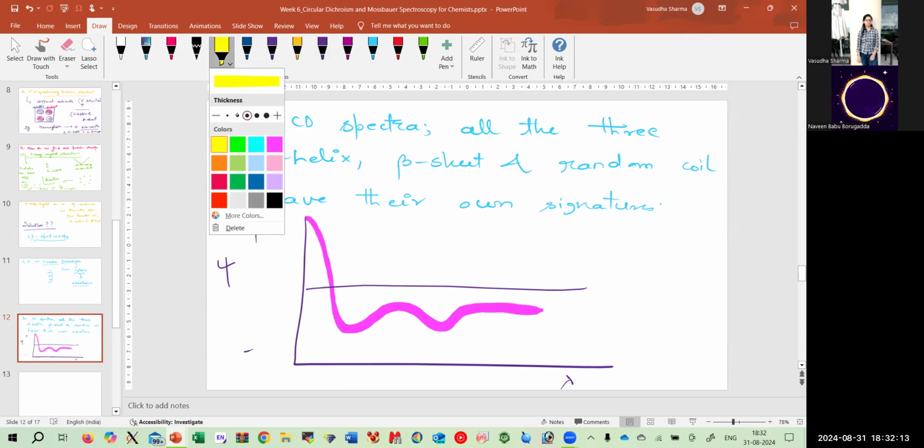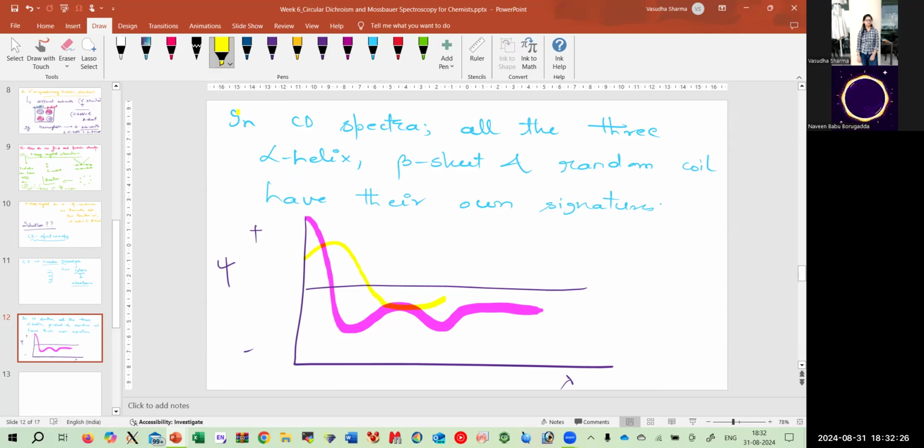Then the beta sheet also starts from the positive region, but gives only one maxima here, and then goes to the negative, or comes back to zero.